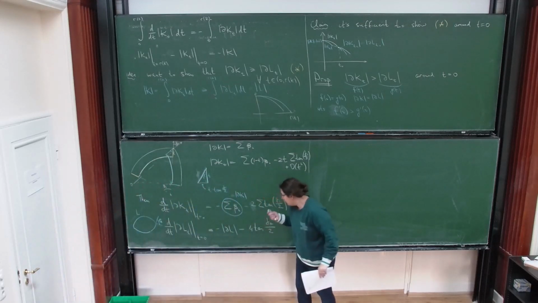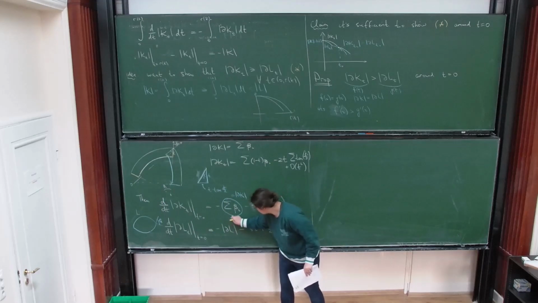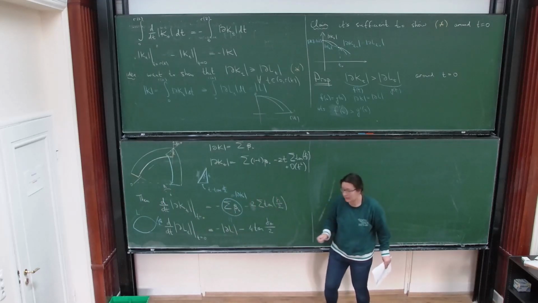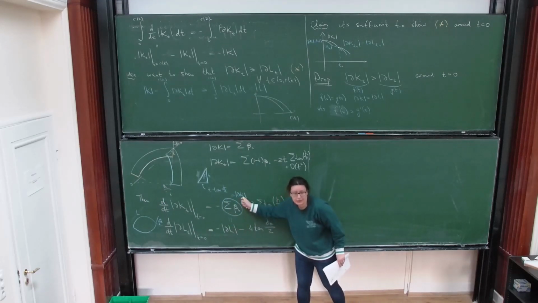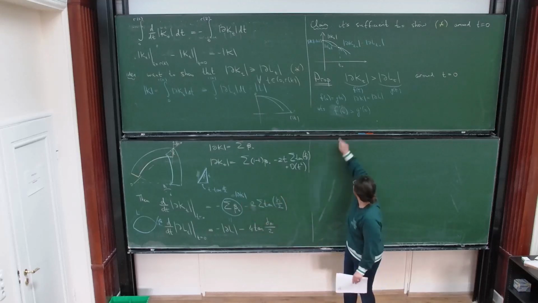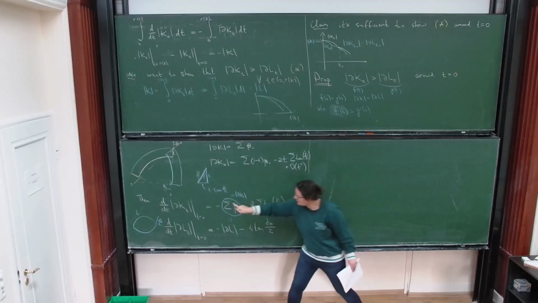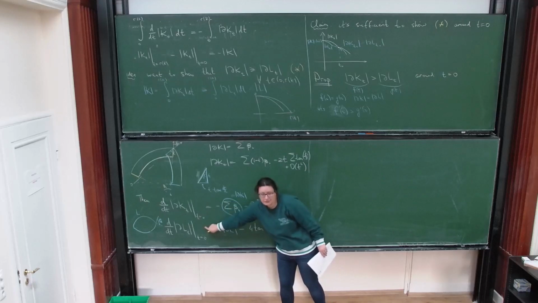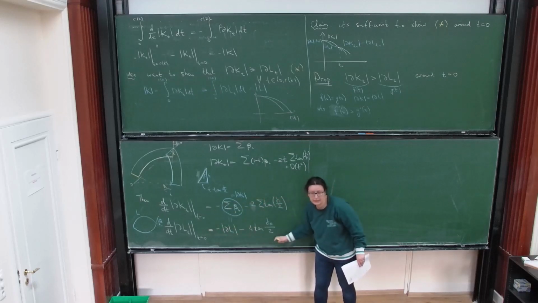Now, we know that the perimeters of the lens and K at the starting point are the same. So if I want to show that the derivative for K is greater than the derivative for L, I really need to care about this second term.